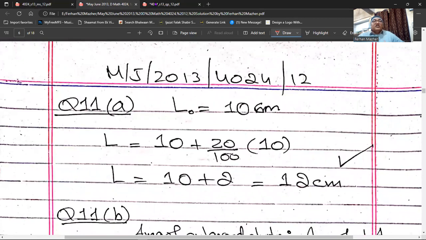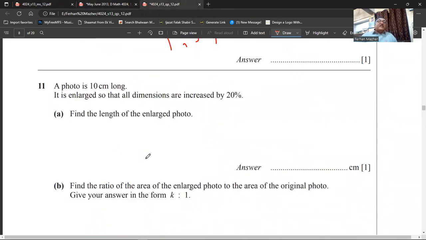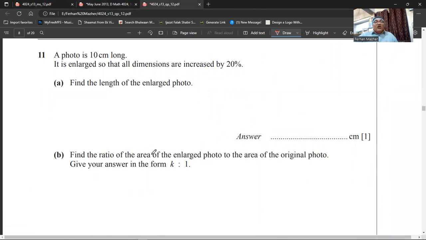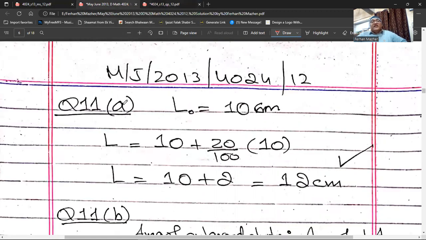This is the solution. Then it says find the ratio of the area of the enlarged photo to the area of the original photo. Give your answer in the form K ratio 1. The length of the enlarged photo is 12. The length of the original photo is 10. We have to find the ratio of their areas.